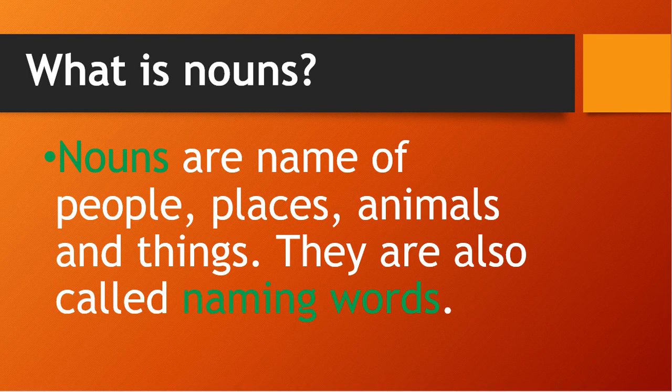Raju is a naming word that denotes you, so Raju is a noun. Like I say cat, cat is an animal, so cat is a noun. Pen is a noun. These things we call nouns, which we call with a naming word.